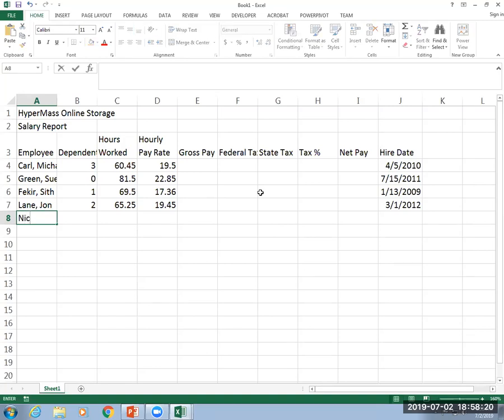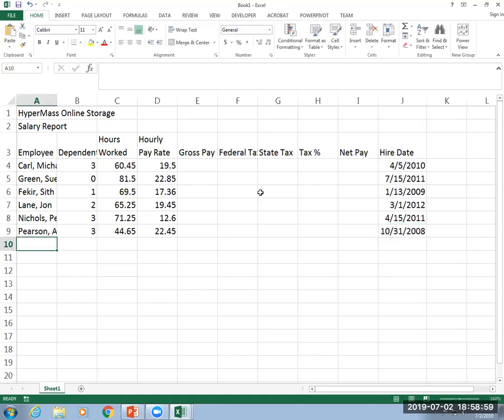Peter Nichols, 125, 1260. Whoops, 1260. And 10/31/08.